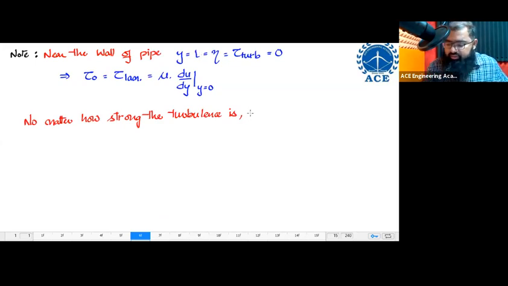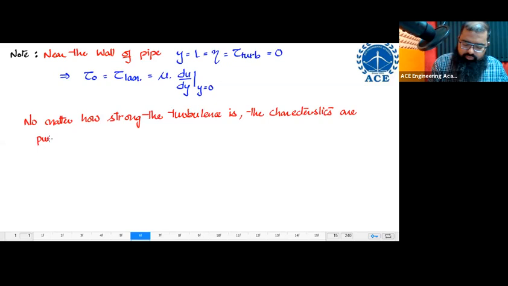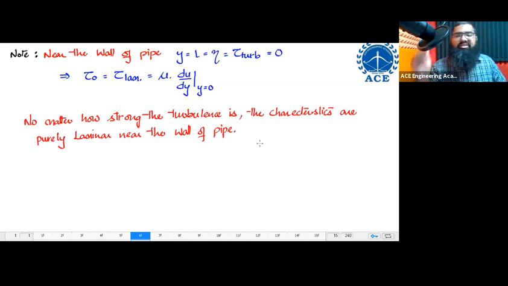The characteristics are purely laminar near the wall of pipe. At the wall of pipe or near the wall of the pipe, you are supposed to have purely laminar characteristics only dominant. Please remember this thing.